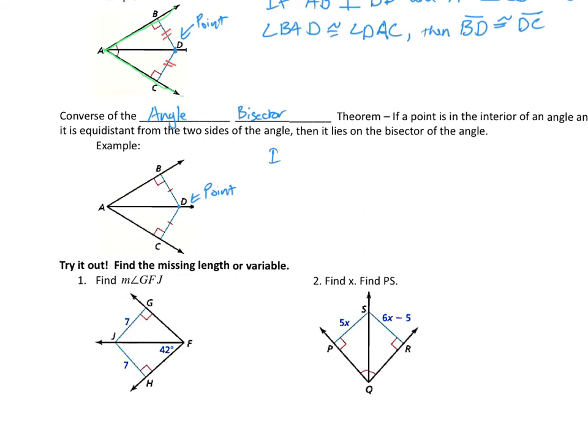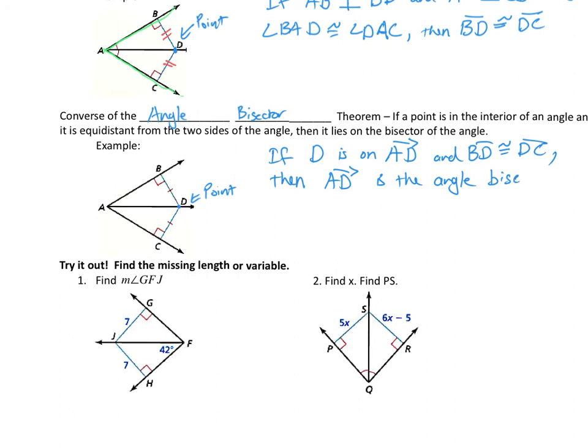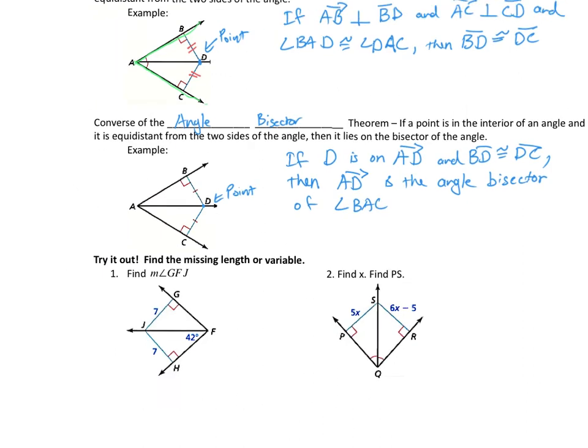So if D is on ray AD, and BD is congruent to DC, then AD is the angle bisector of angle BAC, the big angle right there.